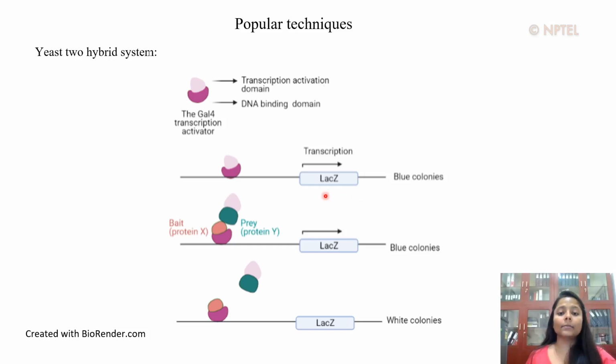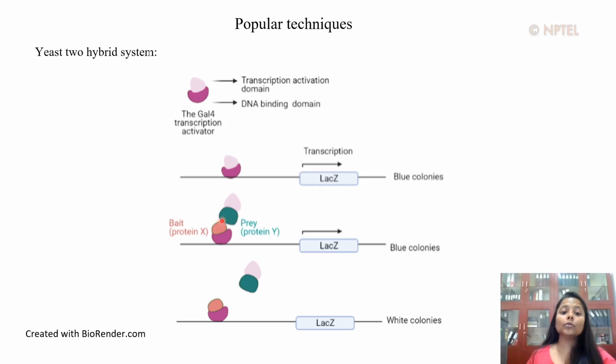So this system is used to understand the interaction between two proteins. Let's consider two proteins. The first one is protein X or bait protein and the second one is protein Y or prey protein. To understand whether these proteins are interacting with each other or not, we first fuse one of these proteins, for example protein X, with the DNA binding domain of the transcription activator, and then we fuse the other protein, that is the prey, with the transcription activation domain of the activator.